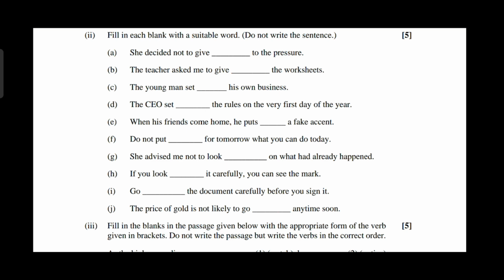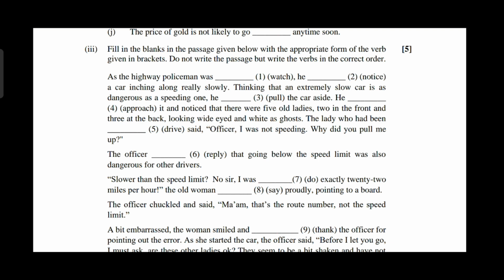The price of gold is not likely to go up anytime soon. It is not likely to increase anytime soon, or the price of gold is not likely to go down anytime soon, decrease anytime soon. Fill in the blanks in the passage given below with the appropriate form of the verb given in brackets.